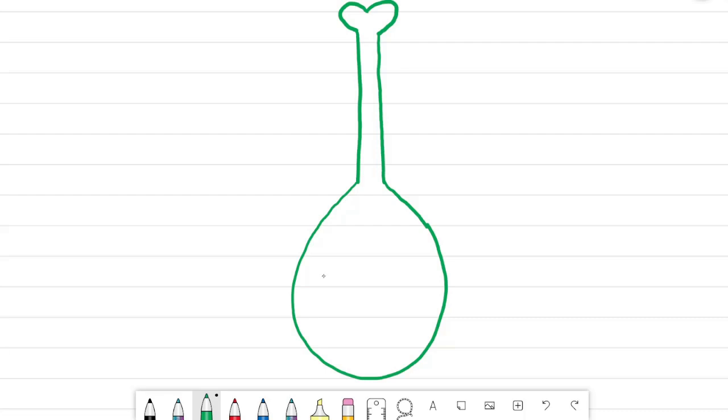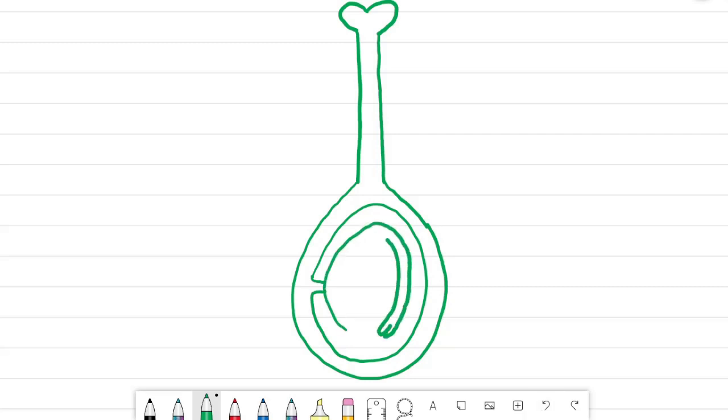Now in my ovary, I'm going to draw the space where the embryo sac will be. I have this little bit that's hanging or sticking out so that it can support the embryo sac inside. There we go.